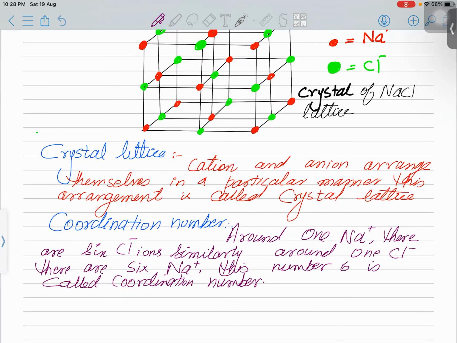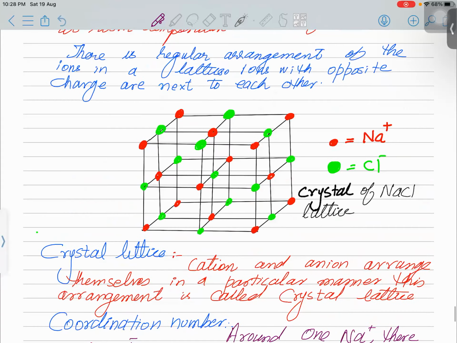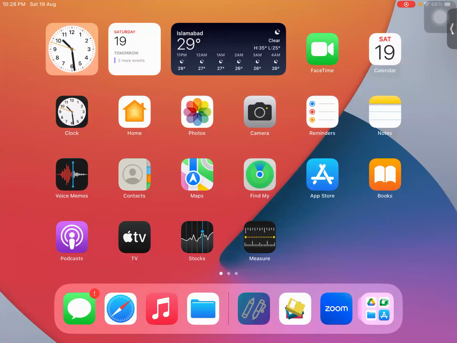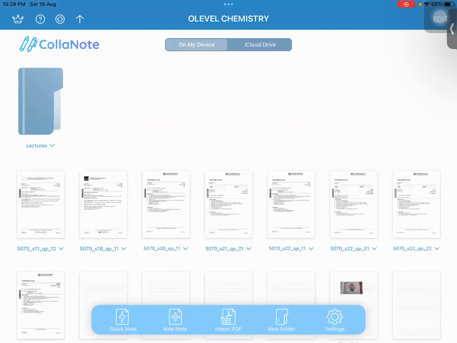Write the definition of the coordination number: the number of oppositely charged ions, for example negative ions, around a positive ion. Okay, do you have any question? No, sir.